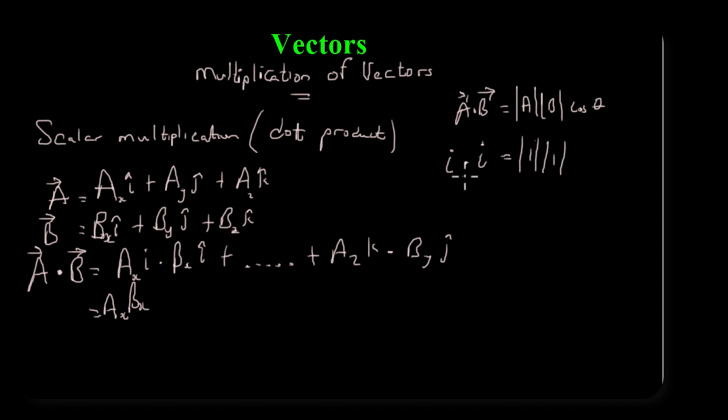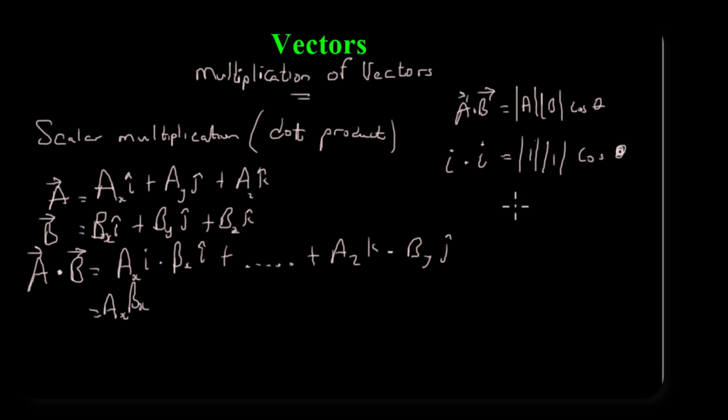Now, the angle between i and i, remember we said i is a vector that is purely on the x-axis. So the angle between these two vectors will simply be 0 because they are parallel. So this is cos of 0.